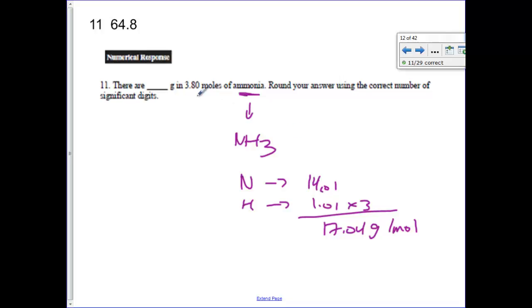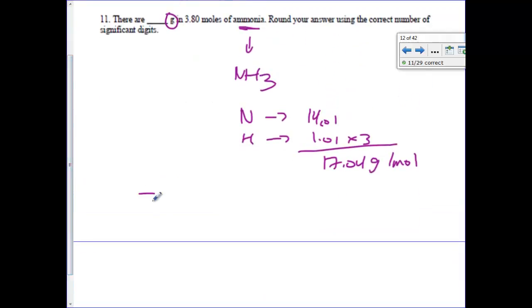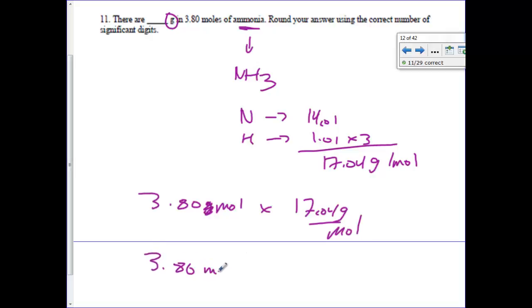Still not the answer though, because we want to figure out grams. So I'm going to write out 2 ways of doing this. You could do 3.80 moles multiplied by 17.04 grams per mole. Or you could do 3.80 moles multiplied by a mole for every 17.04 grams. Which one's right?